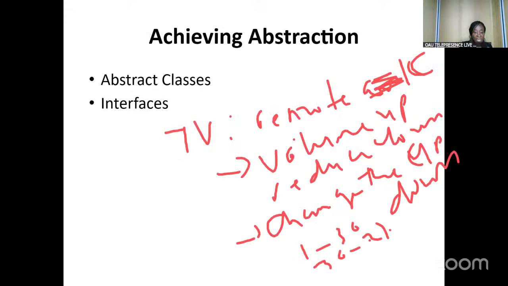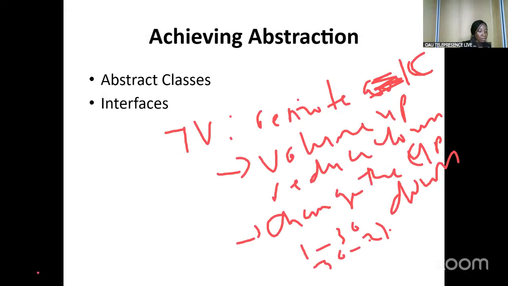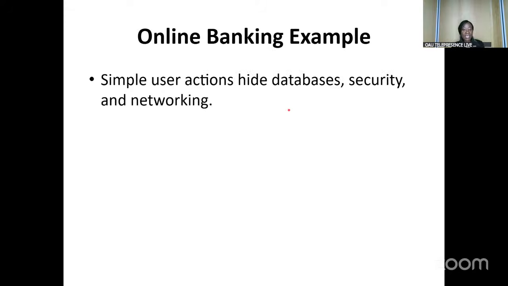So the next one we have is the one on online banking applications. Online banking is similar to the ATM I just mentioned. The only difference is that here you are not using an ATM machine.